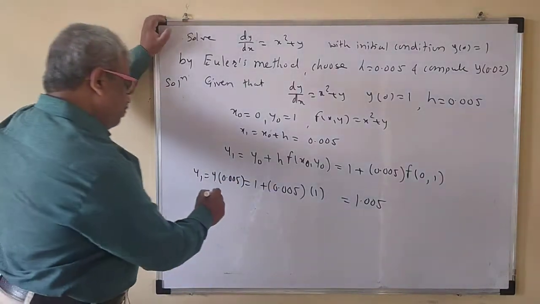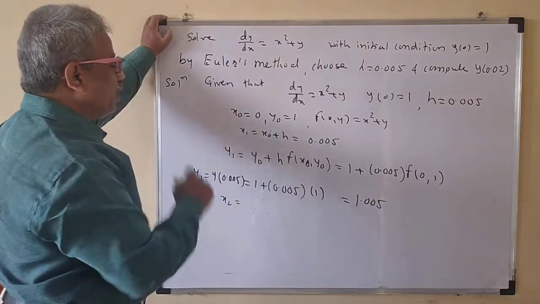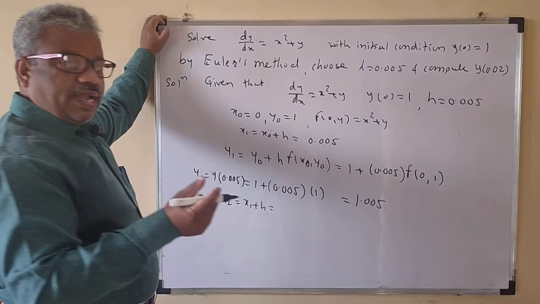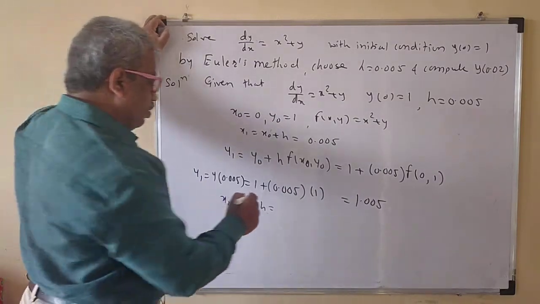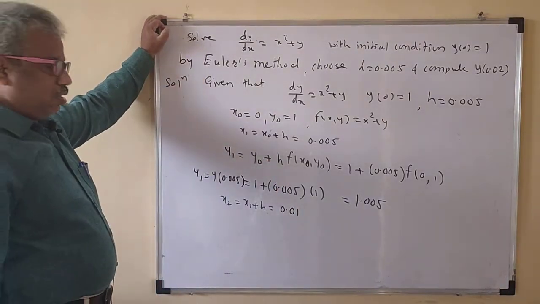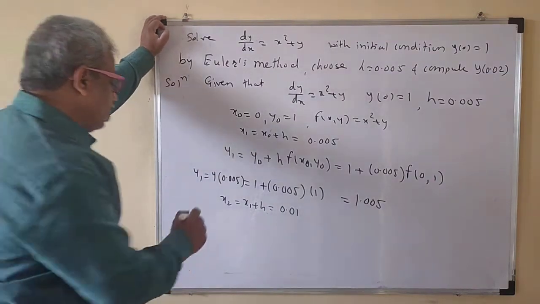Okay. Now your x2 is equal to x1 plus h. So 0.005 plus 0.005 is 0.01. Okay, that is your x2 now. Now your y2.